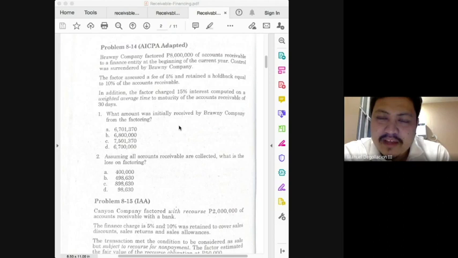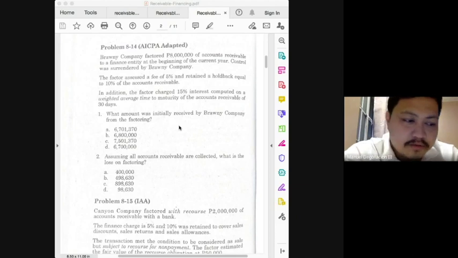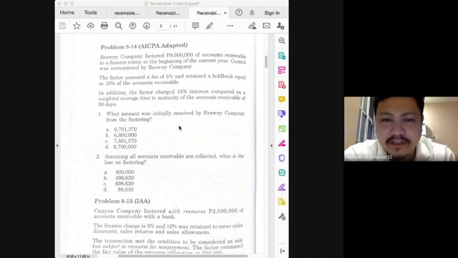So to get the interest charge here, multiply 15% with 8 million and then multiply it with our fraction of 30 days over 365 days.